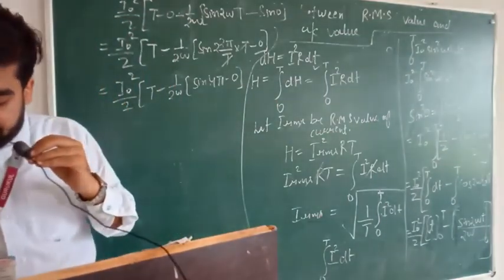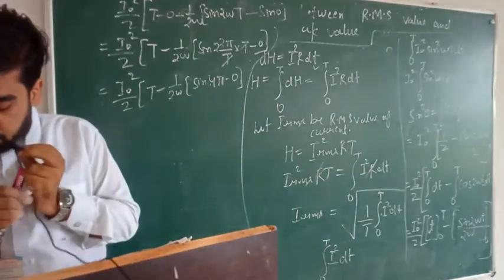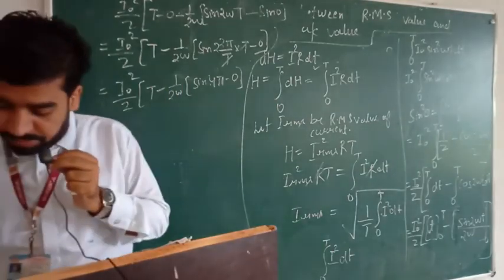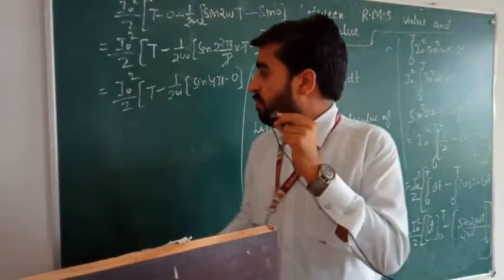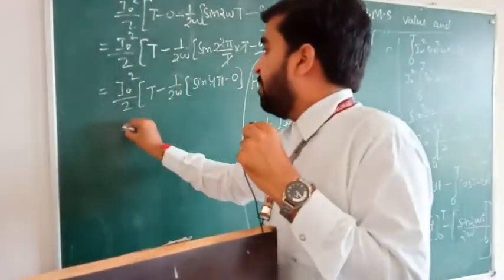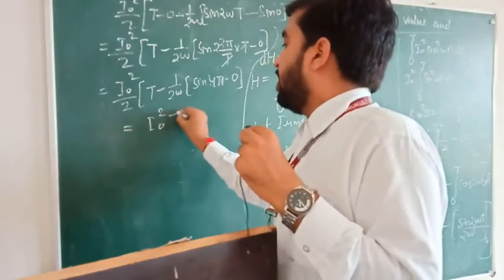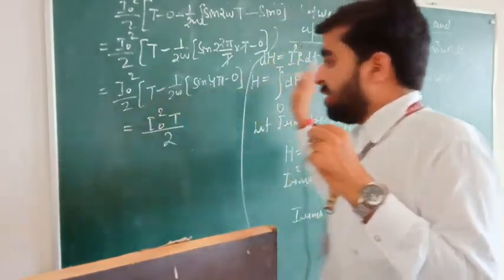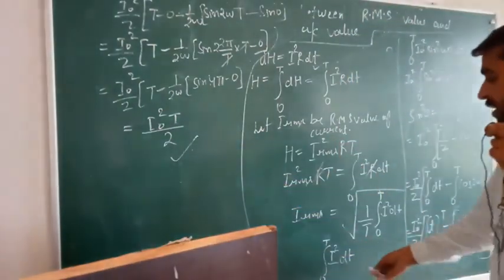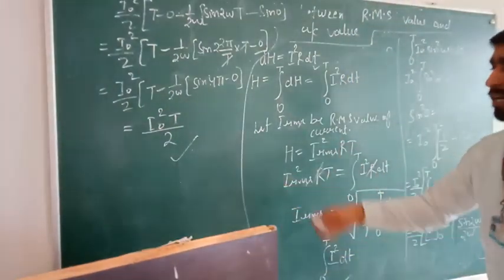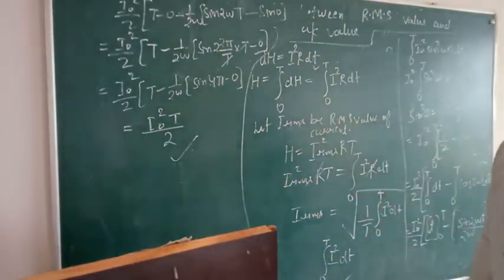The value of sine 4 pi is equal to 0. So what will be remaining to us? This will be I naught square T upon 2, because all the rest is equal to 0. So this value we have calculated, and that is equal to I naught square T upon 2.